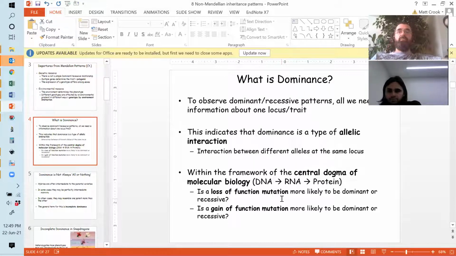Is that going to be dominant or recessive? Kind of depends, right? You can also have dominant negative mutations, where that protein may stop functioning, but it has a dominant effect on whatever process it's involved in. So it's a lot more complex than a straight up dominant versus recessive deal. It really depends on context too.